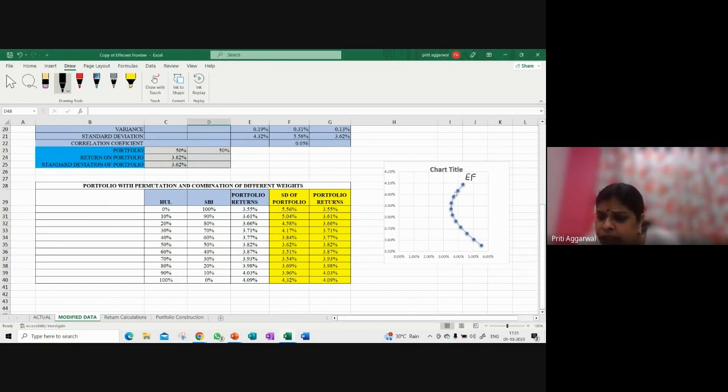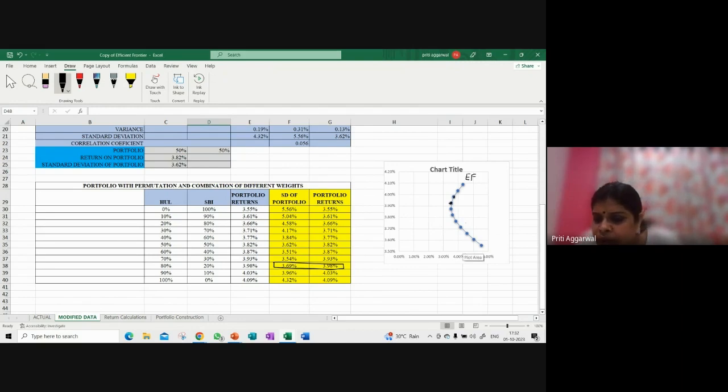But you can see there is a security, let's say, where 3.69% is my portfolio standard deviation, and 3.98 is the return. So we have to see, or we can take, the least risk. Let me see what number is coming.